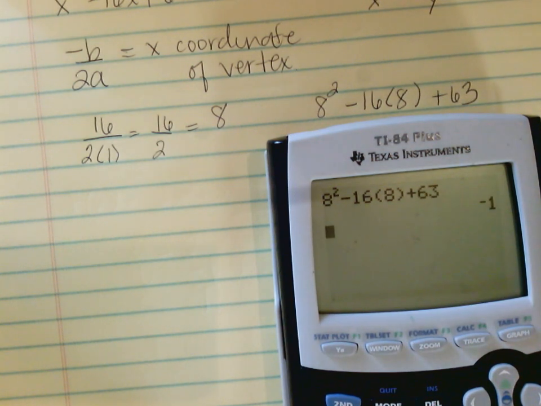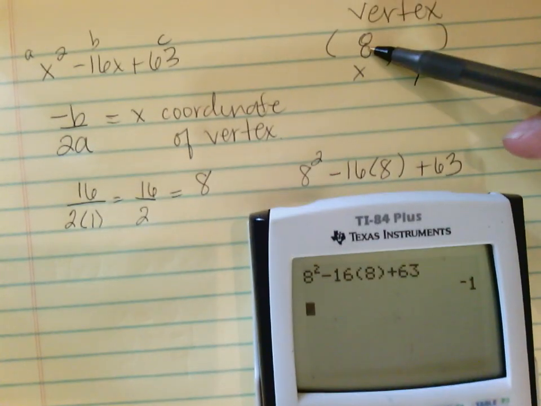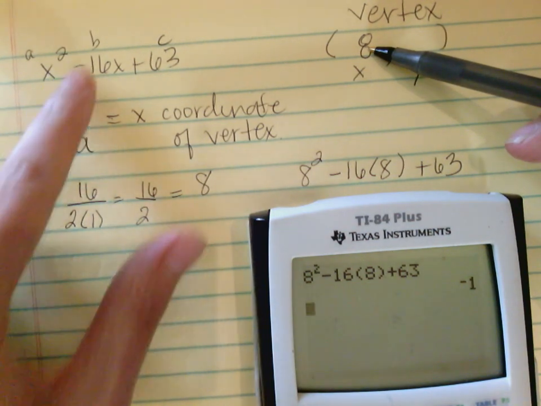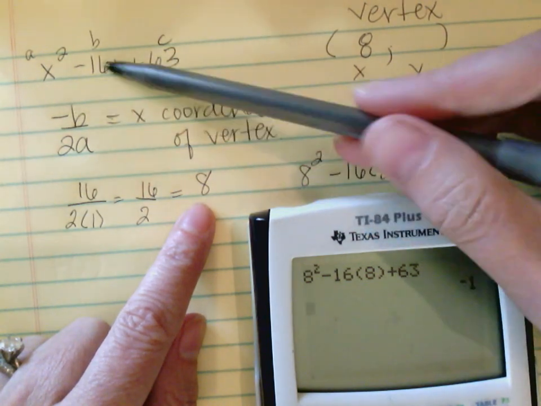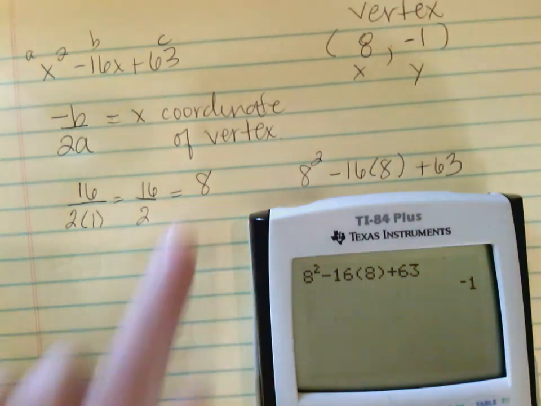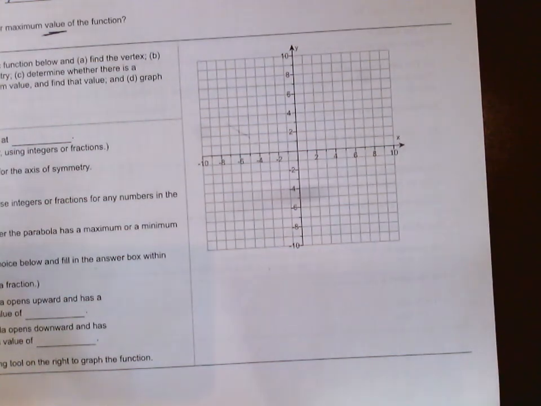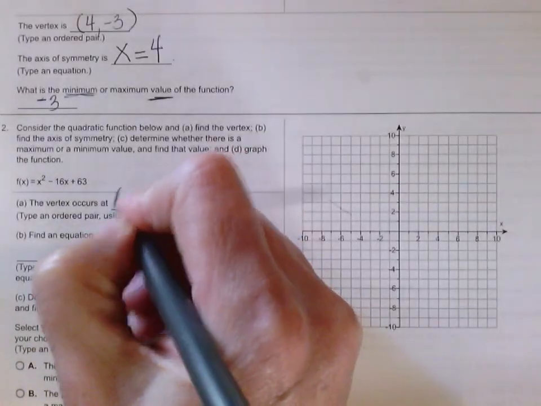Hit enter, which gives me negative 1. So all I did was I found, by using the opposite of b over 2a, that gave me the x. I plugged the x into the function, then plugged that into my calculator to get the y, which gave me -1, which is going to give me a lot of information that I need. So I just found that this function, that the vertex occurs at 8, -1.